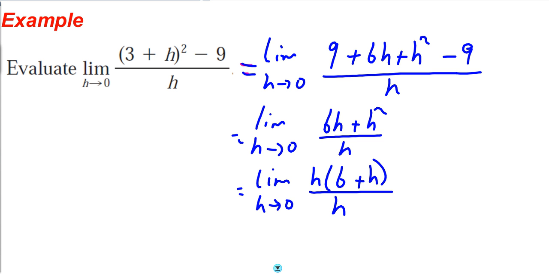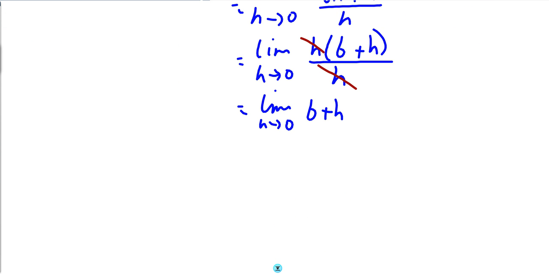The h can now cancel out in the denominator and numerator to give us the limit as h approaches 0 of 6 plus h. This is now a polynomial, so we can substitute h equals 0. It gives us 6 plus 0, which is 6.